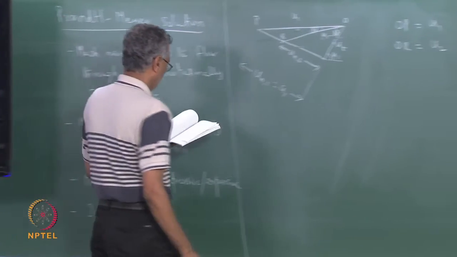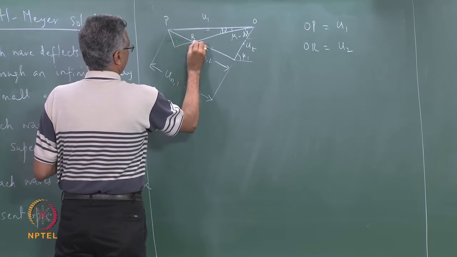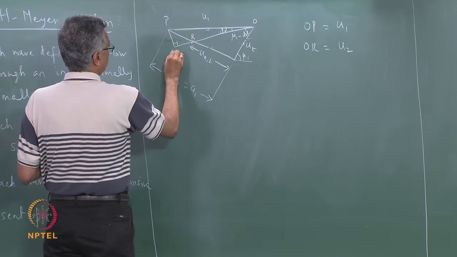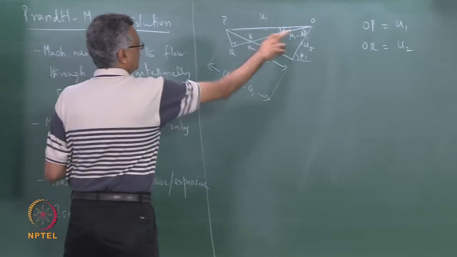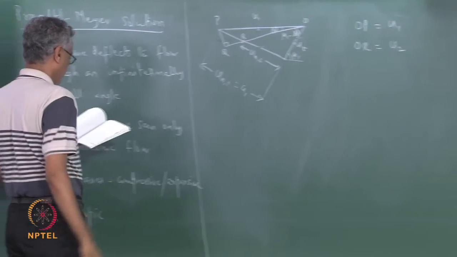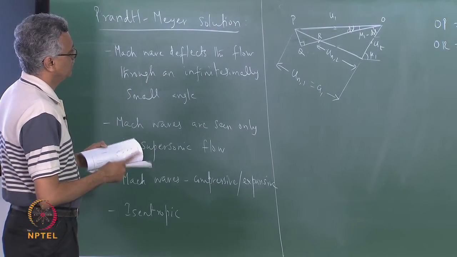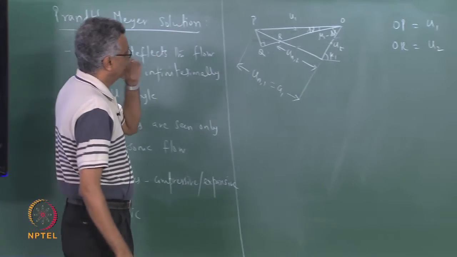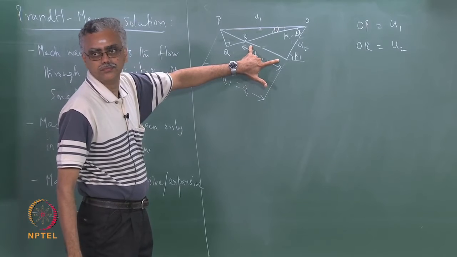Now let me do the following. This is 90 degrees. Let me do this geometric construction. I have extended OR up to Q and I have dropped a perpendicular from here to that. Now notice that if you look at this triangle, right, this is UN2, right?